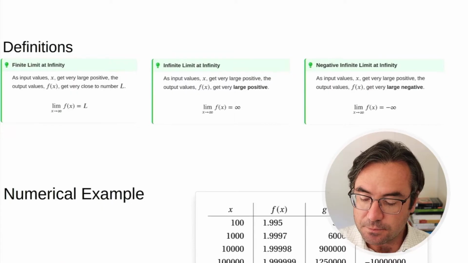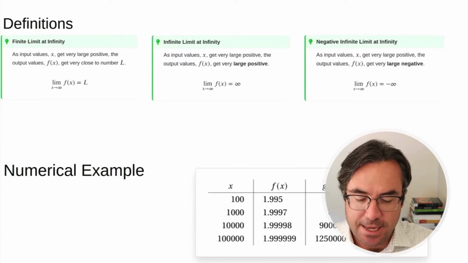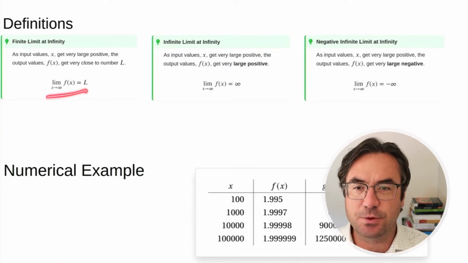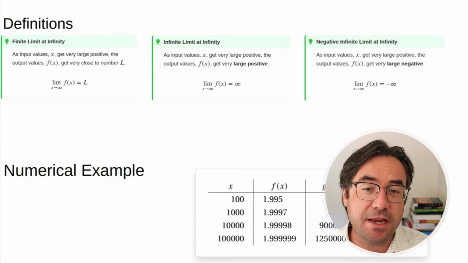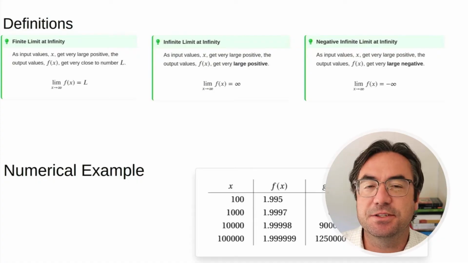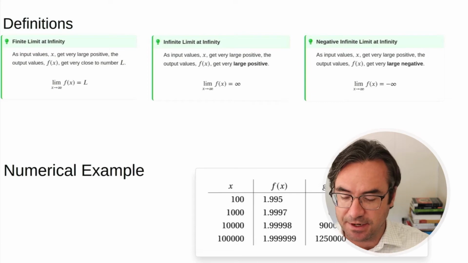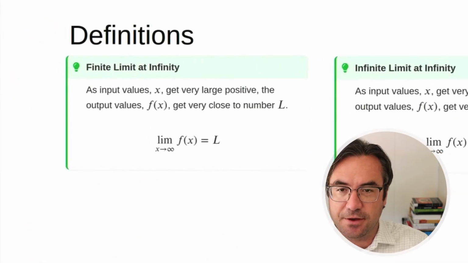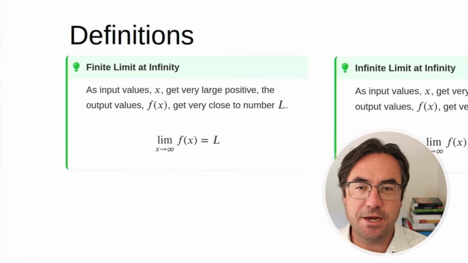A few of the options, and I have these written for x approaching infinity, but the same thing applies for x approaching minus infinity. So let's look at the first one here.